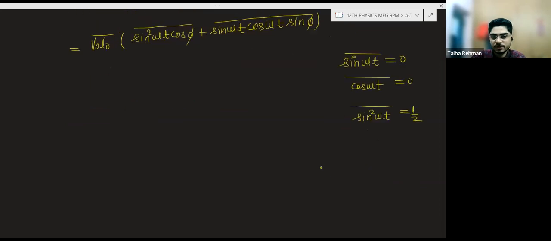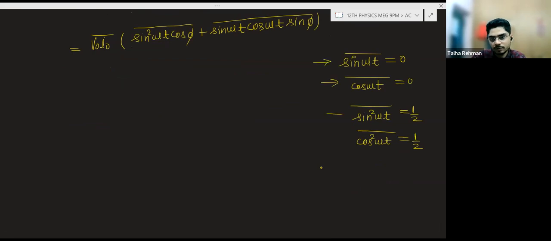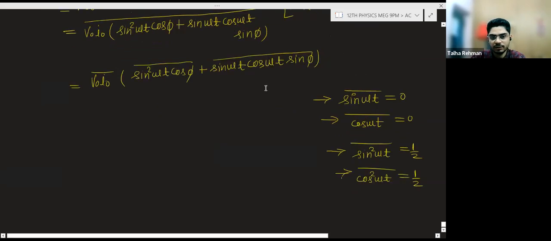The average value of cos square omega t for a full cycle is also equal to half. So we will use this here.